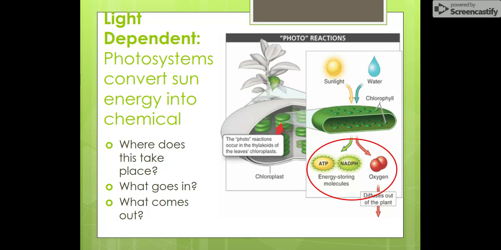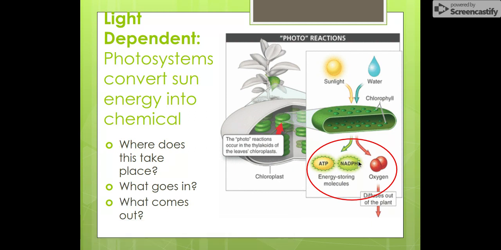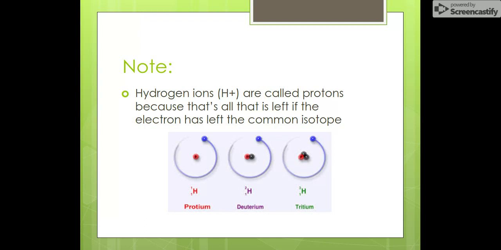So for our light-dependent reactions, you need to remember that we use sunlight and water. And in this process, we produce some NADPH, right? This was one of those electron carriers we talked about in chapter 5. And then ATP, this energy molecule. Then this is where we're getting that oxygen, which leaves the plant so that organisms like us can breathe.